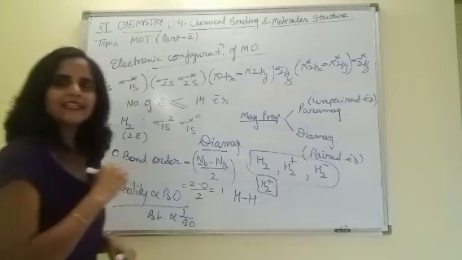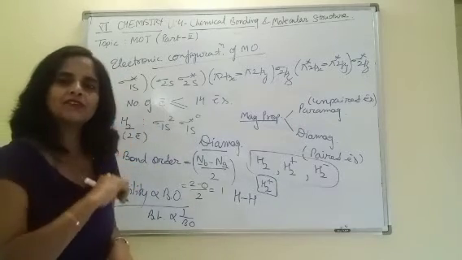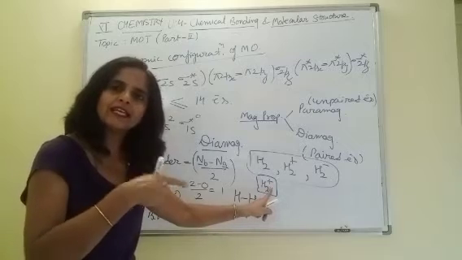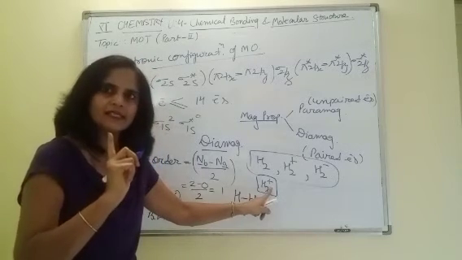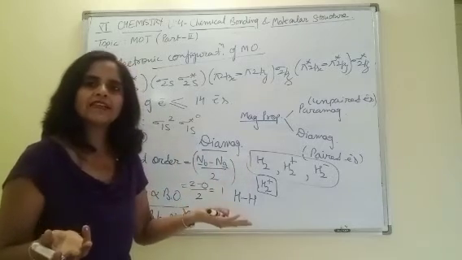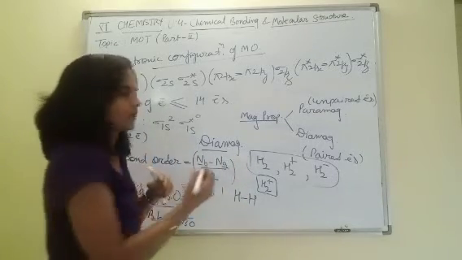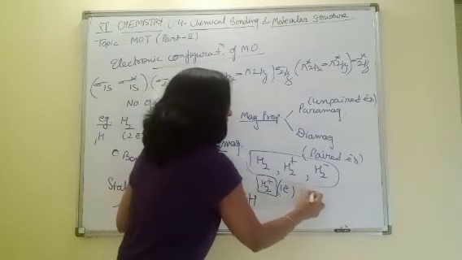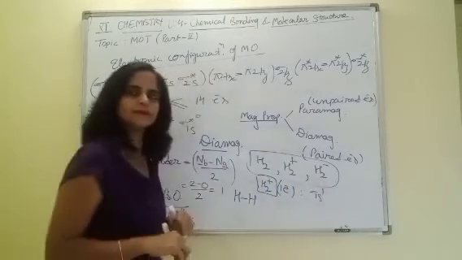All of you know well that cations are formed by loss of electrons. As it is a monovalent cation, one electron is already released. H2 has 2 electrons. One is given, so how many are left with us? Only 1 electron. So we write the electronic configuration for this 1 electron, that is sigma 1s 1.